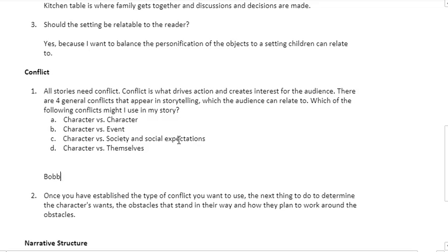For myself, Bobby the bread will have conflict with several other items in the kitchen. This is a croissant, cereal. Perhaps he'll also have conflict with some fruit.